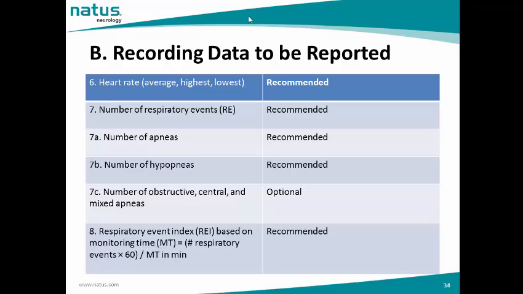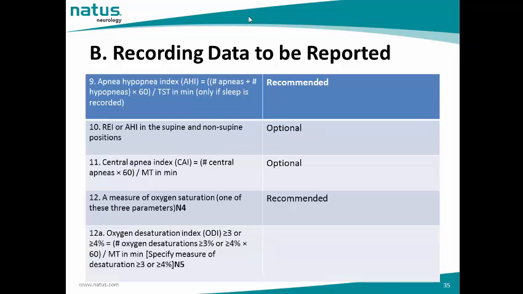Number of hypopneas is recommended. Number of obstructive, central, and mixed apneas is optional. Respiratory event index based on monitoring time is recommended. AHI is recommended.